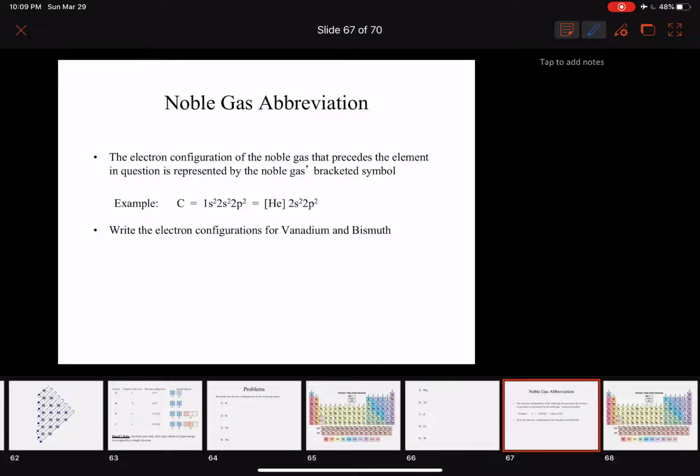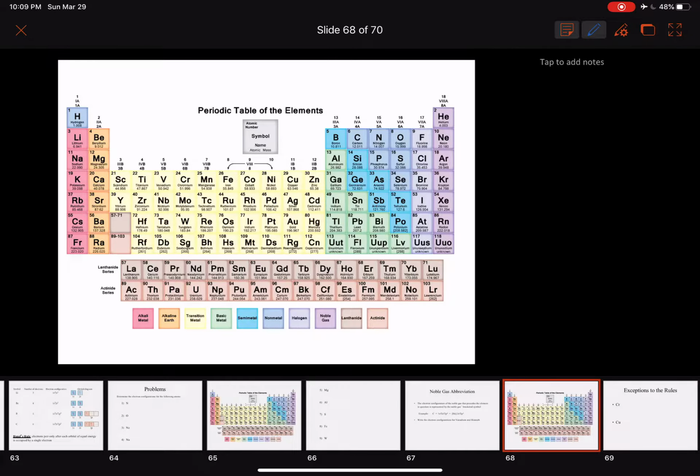So if we have the electron configuration of carbon as 1s2, 2s2, 2p2, to write the noble gas abbreviation we would go to the previous noble gas. Now remember, this whole column right here, those are your noble gases.